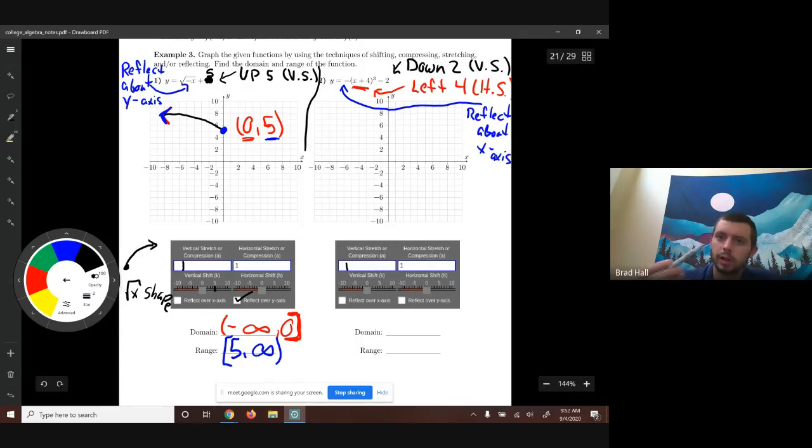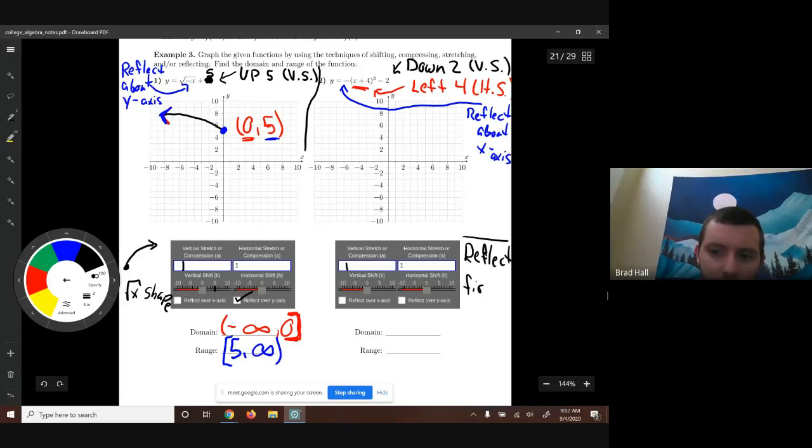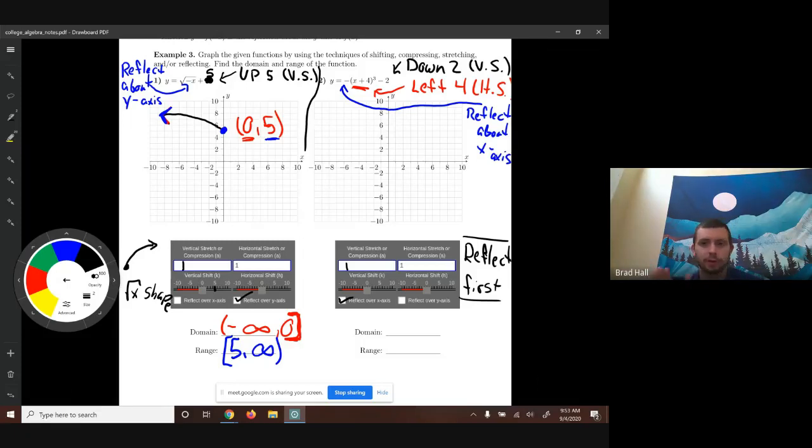Because if you do down 2 and left 4 and then you reflect, you will end up having a different graph. So the rule of thumb here is to reflect first. Whenever you obtain this table, the first thing you want to do is check off the reflection. After you do that, everything else you do is fine.